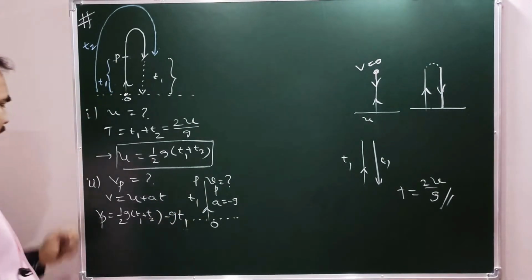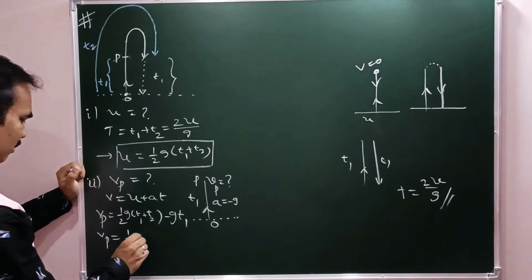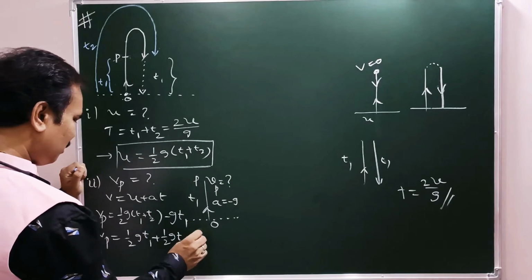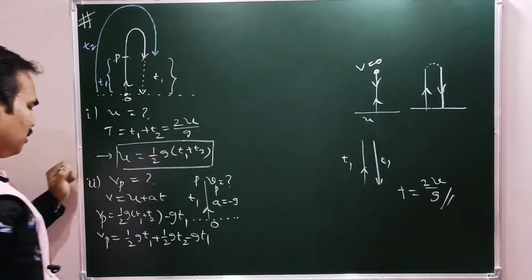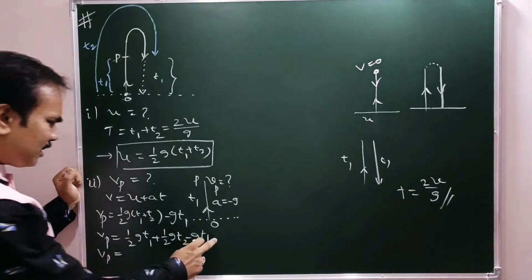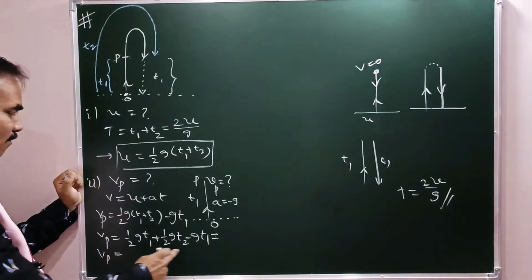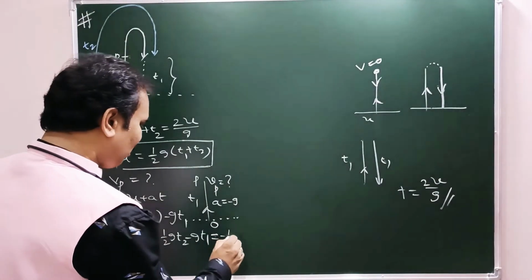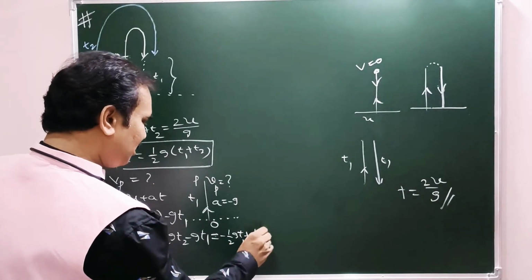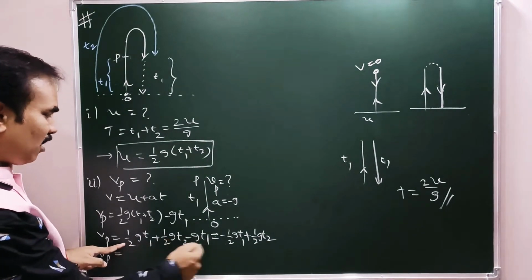So V at P equals half g T1 plus half g T2 minus g T1. Half g T1 minus g T1 means minus half g T1, so we get minus half g T1 plus half g T2.